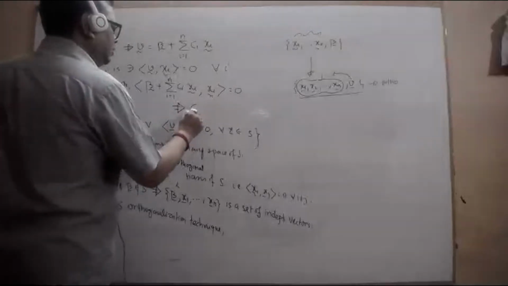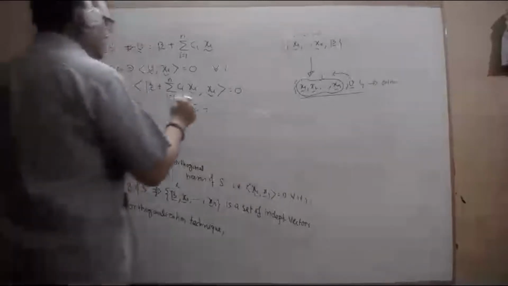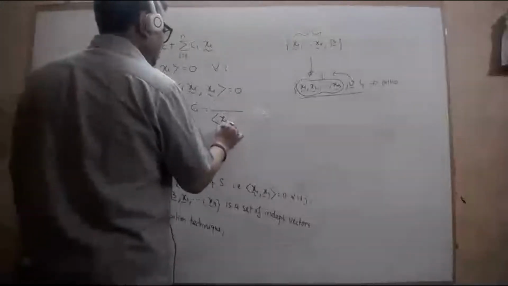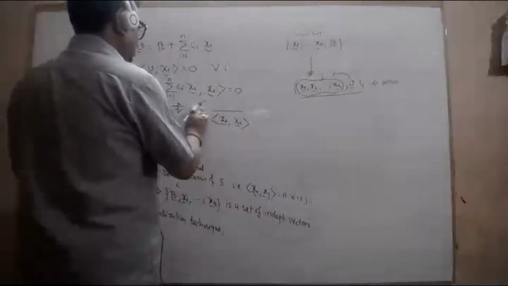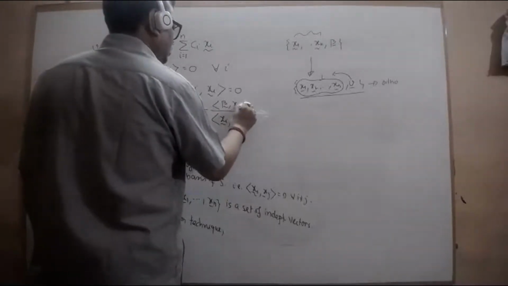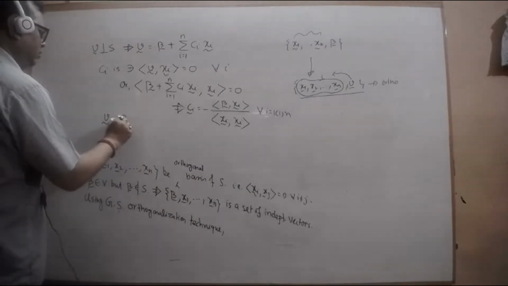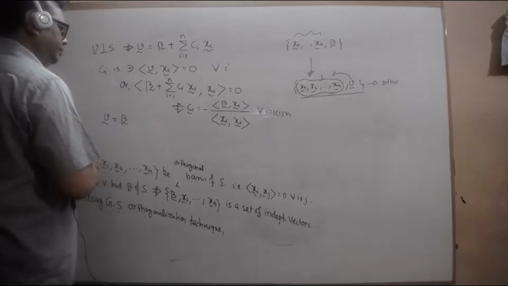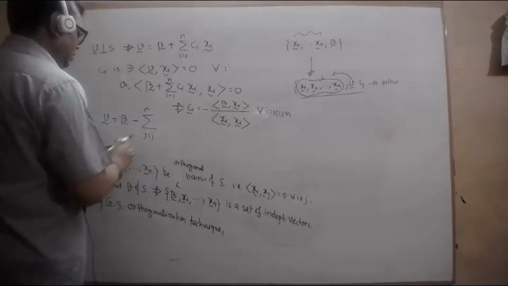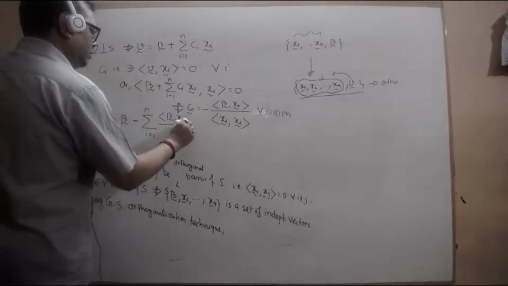This implies Ci equals the negative of the scalar product of beta curve and xi curve, divided by that of xi curve with itself, for all i. Hence v curve equals beta curve minus the sum over i from 1 to n of that term times xi curve.